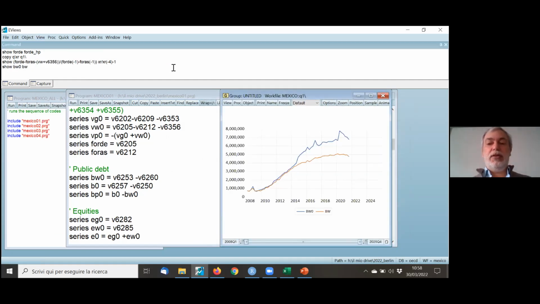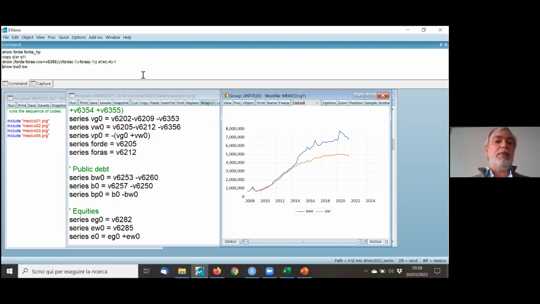And now this is interesting because this is the value of bonds held by foreigners at market prices, the blue line, and the value of these bonds held by foreigners at historical costs, the orange line. So here we do have capital gains after 2014.